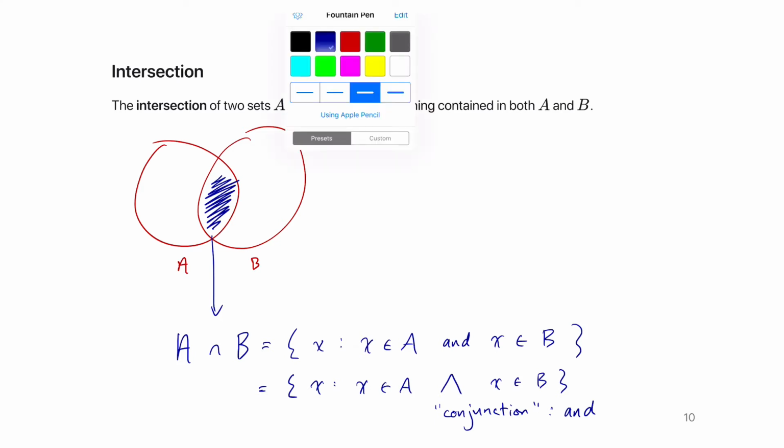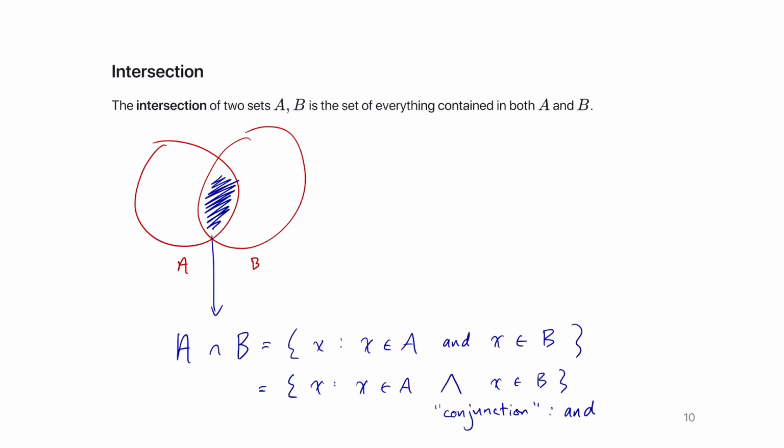There's a special case when I have two sets that look a little like this. If this is set A and this is set B, what do we know about their intersection? It's nothing, right? And in this case, we call these two sets disjoint.